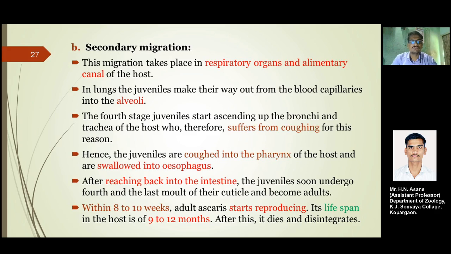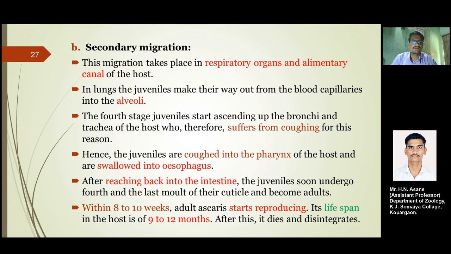From the alveoli, the fourth stage juveniles start ascending up to the bronchi, where the air is separated into the two air sacs or lungs, and they get migrated to the bronchi after the alveoli.